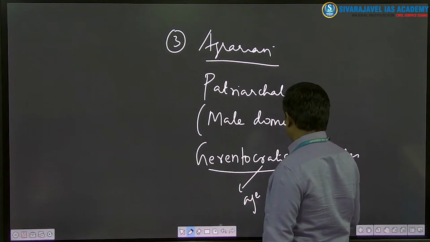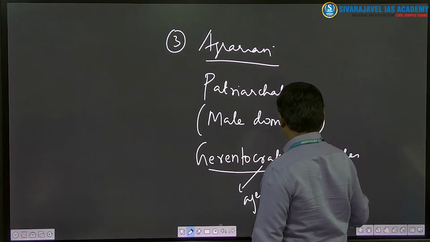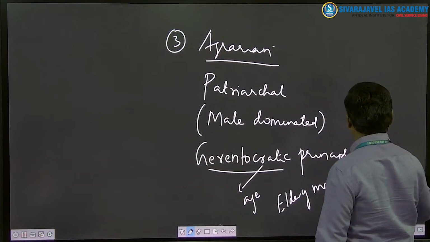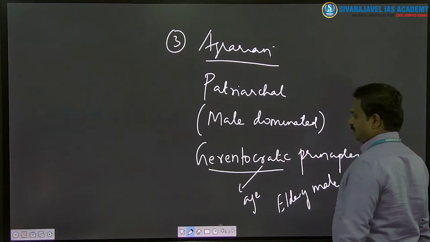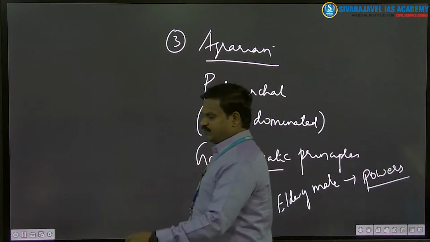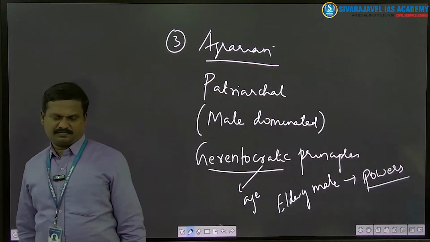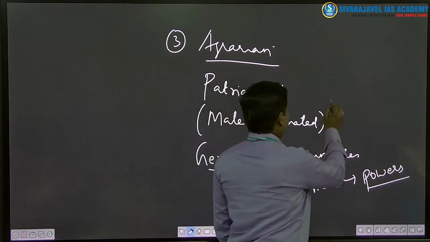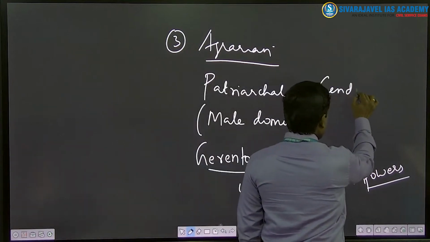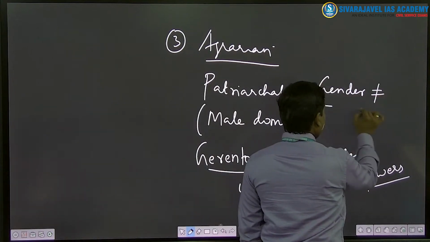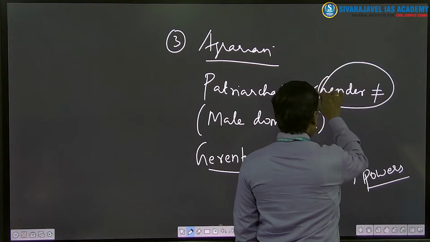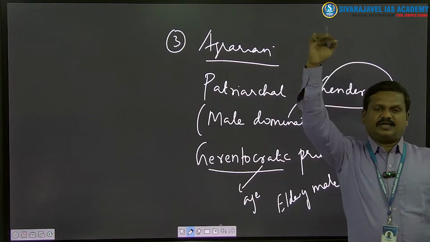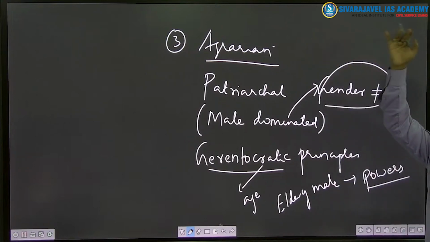Elderly male members exercise all powers. The eldest male member of the family will be all powerful. So this society has more gender inequality because it is a male dominated society. There will be heightened gender inequality in this agrarian society.